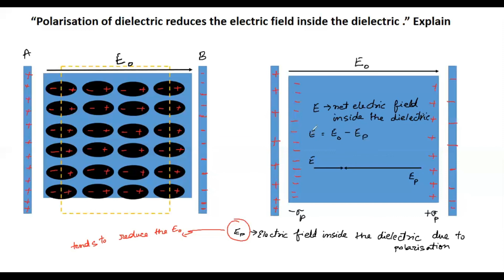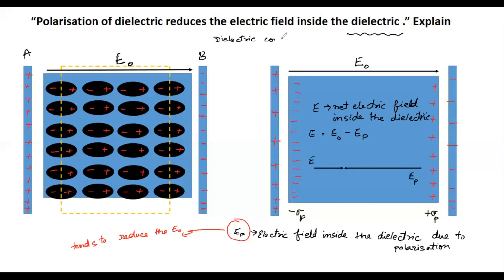So this much amount of electric field, and this electric field E is along the direction of E naught. As you can see here, this is that electric field E which is along the direction of E naught. Alright. So that is why we say that when a dielectric substance is polarized, it actually reduces the electric field inside the dielectric. And because of which we come across another term known as dielectric constant.